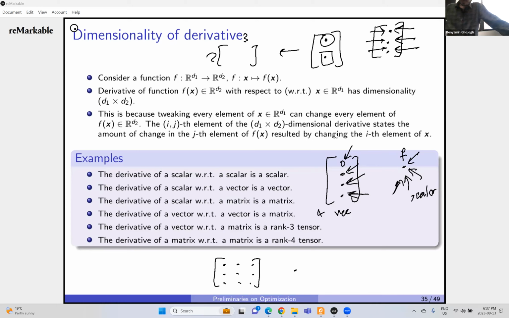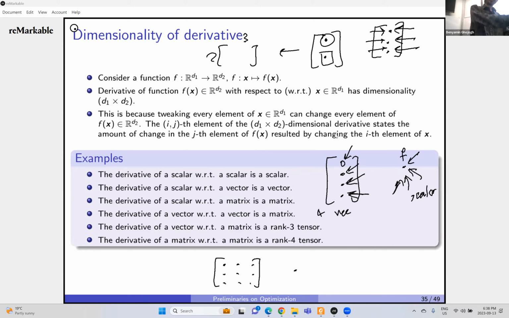And now let's see the cases. The derivative of a scalar with respect to another scalar. Assume derivative of A with respect to B, where A and B are both scalars. When you tweak B and see how much it impacts A, how many changes do we have? We have one change, and therefore the derivative is a scalar also.